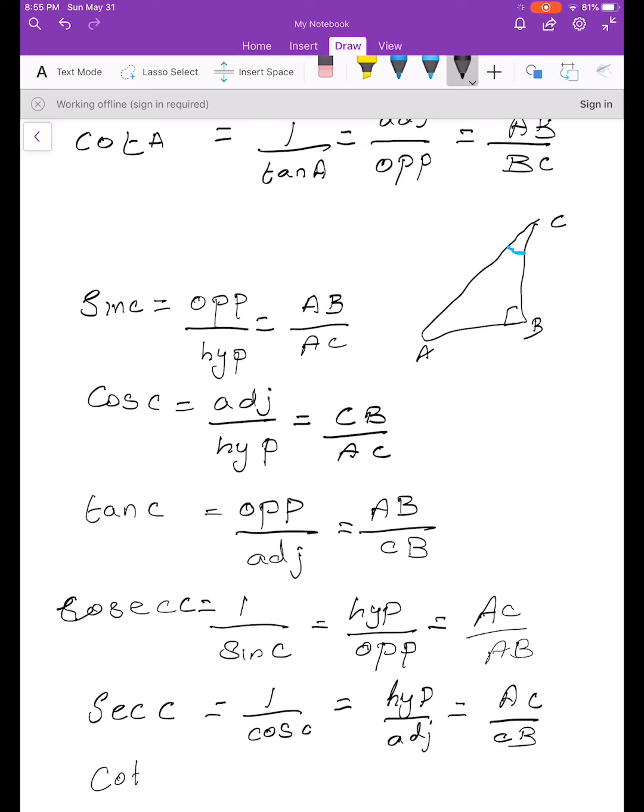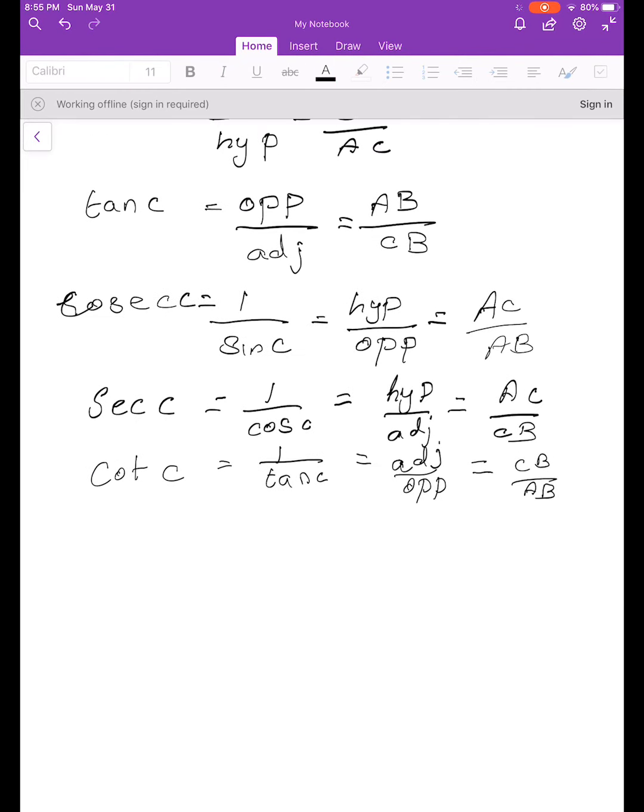And our cot C, 1 by tan C, that is our adjacent by opposite, CB by AB. If you are thorough with all these ratios, it is very easy to solve this.